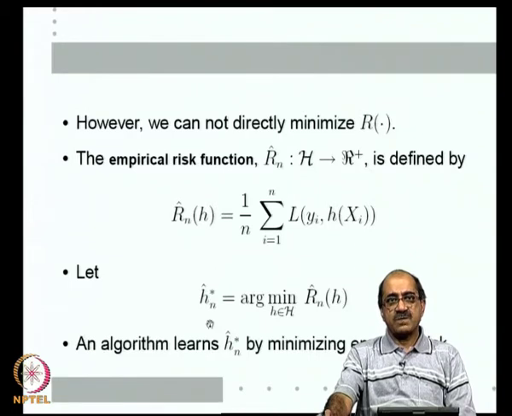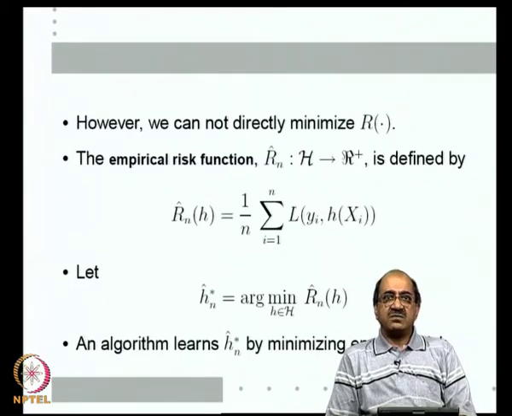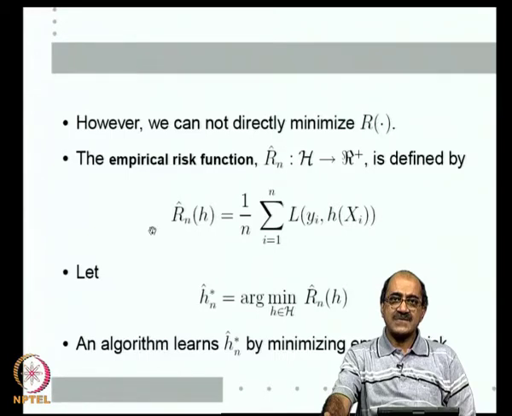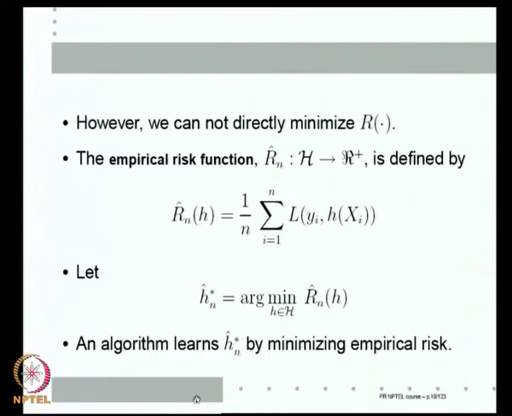So, all learning algorithms essentially minimize empirical risk using some optimization technique, and the algorithm learns h hat star n by minimizing the empirical risk. So, this is the setup that we have.